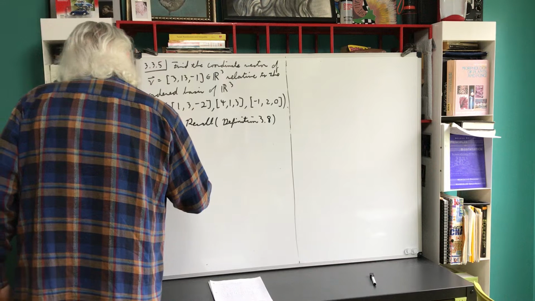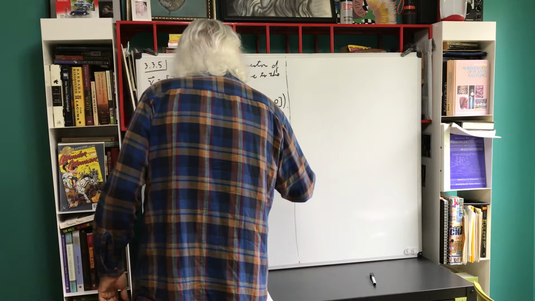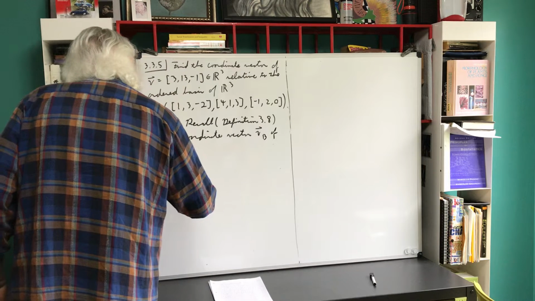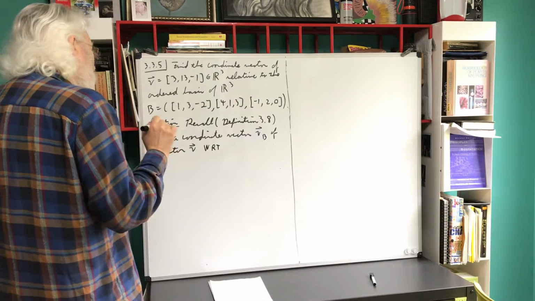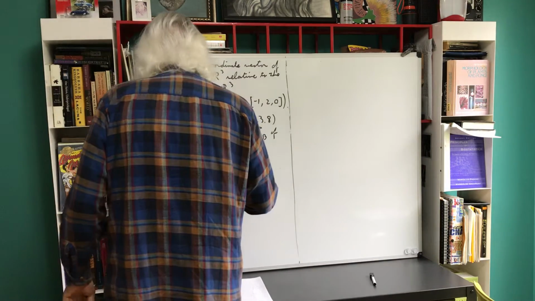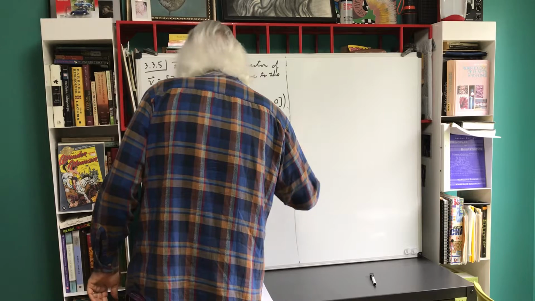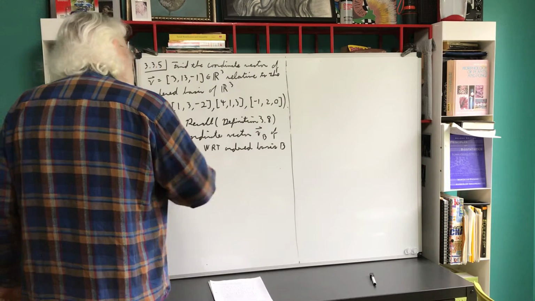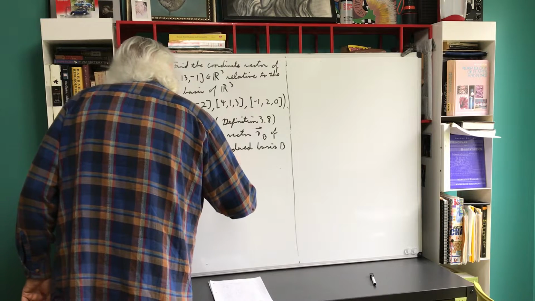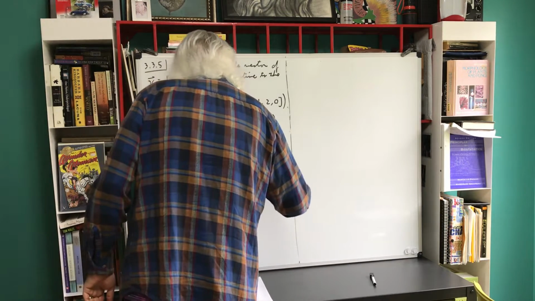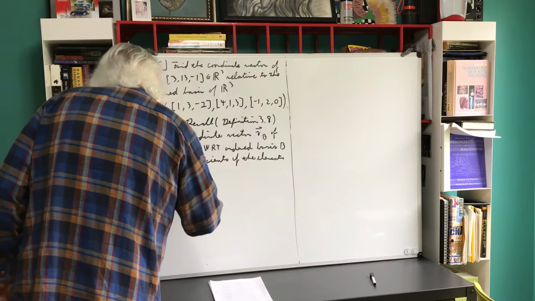Recall that a coordinate vector v sub b of a vector v with respect to an ordered basis b is the coefficients of the elements of the ordered basis that produce vector v.